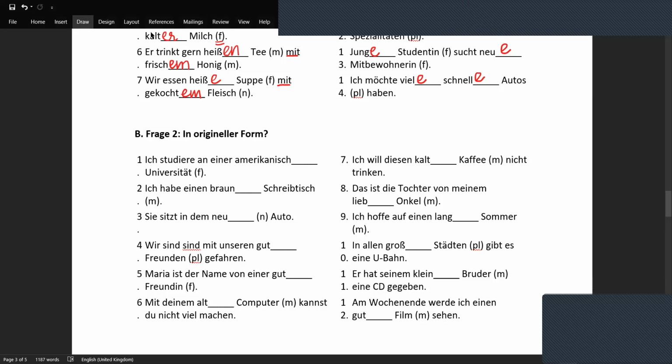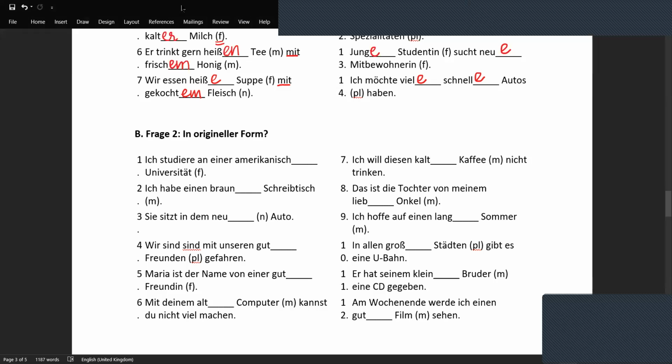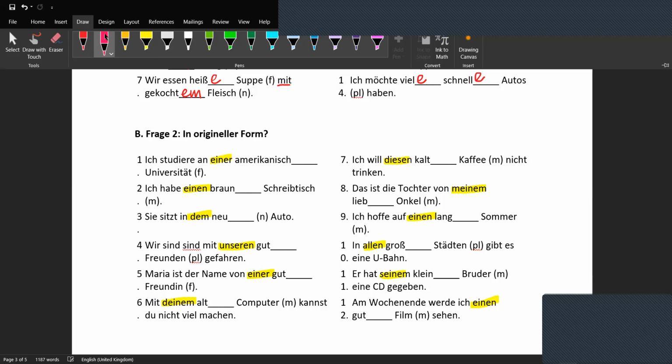Okay, so what I'll do here is that I'll just highlight the articles one by one. When you look at the articles, you know that all these articles for this particular exercise tell us a specific case, and in most cases, the gender as well of the particular nouns that we have here.